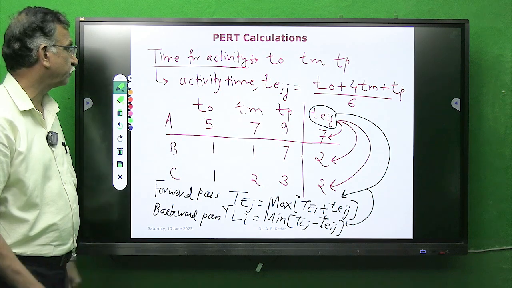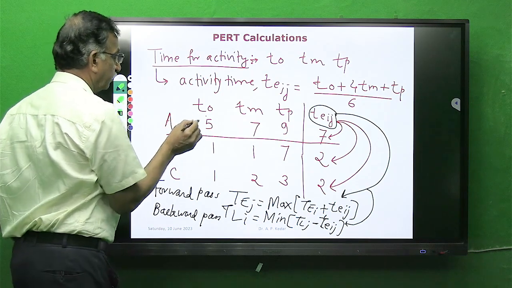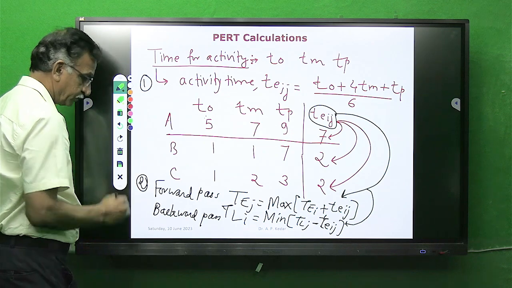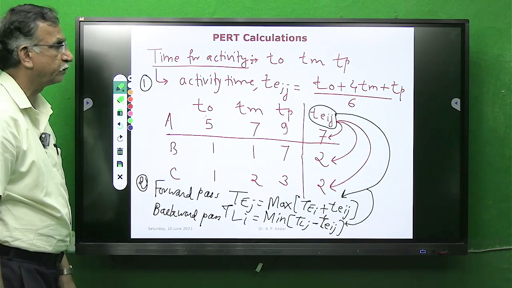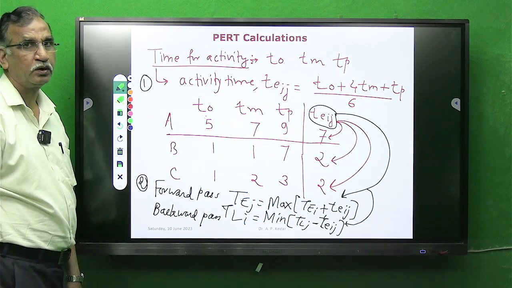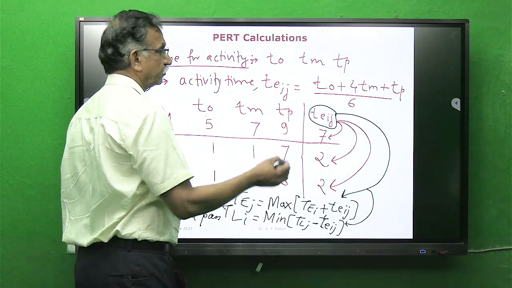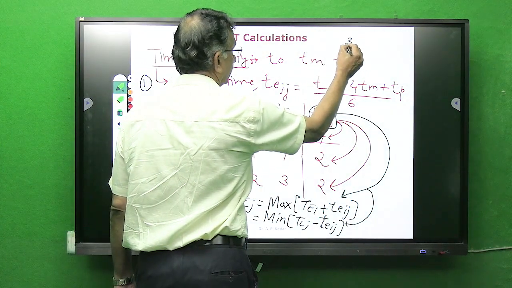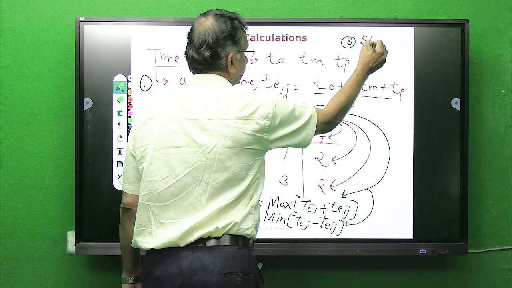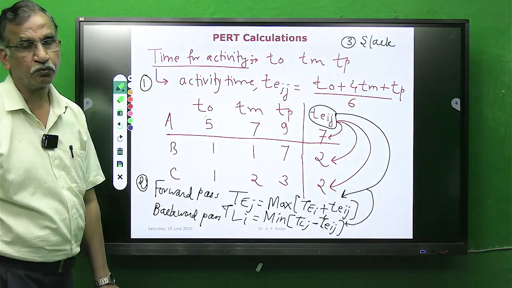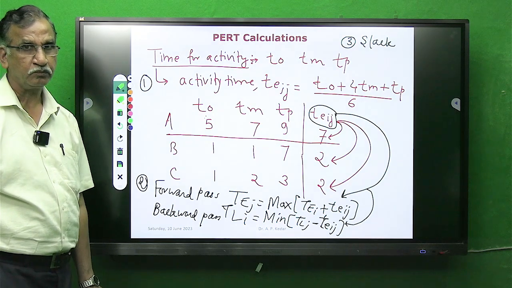So first step in PERT calculation, activity time. Second is this one. Once we do this, we will go for finding the value of slack. So third step can be slack, and then we will go for finding critical path.